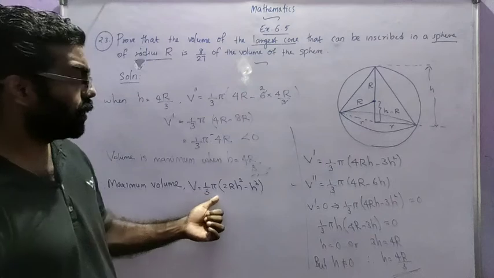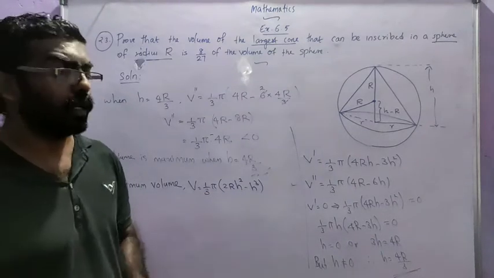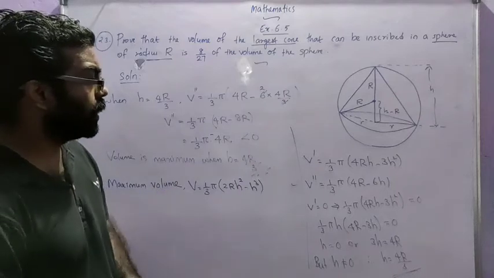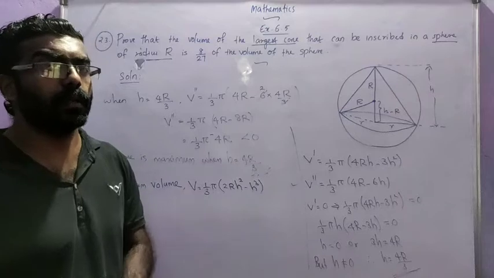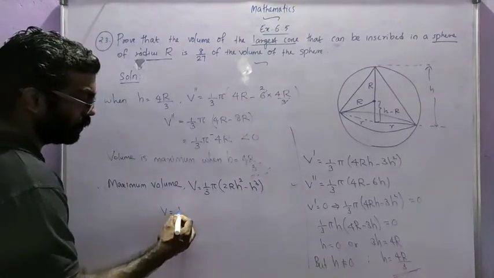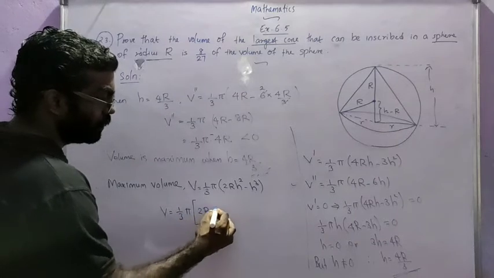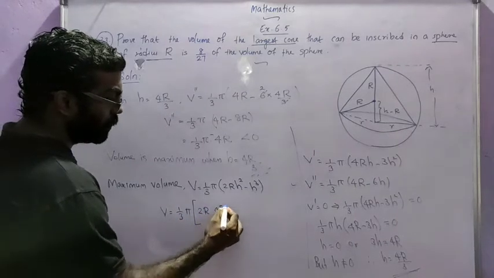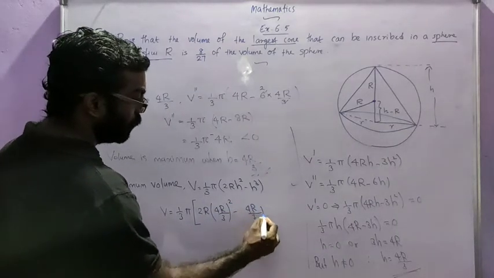So in this expression we can replace h by what? 4R by 3. Clear? So V is equal to 1 by 3 pi into (2R into (4R by 3) the whole square, then minus (4R by 3) the whole cube).